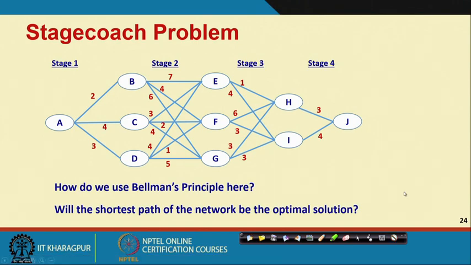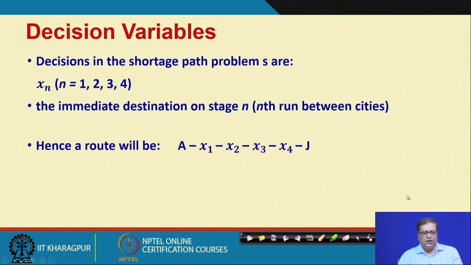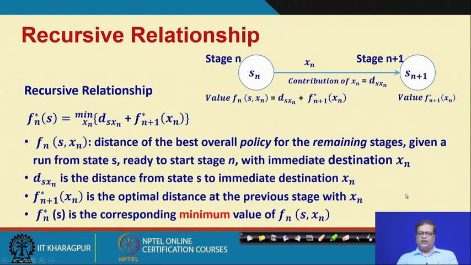So, having said that, let us see how we can move further. Exactly the same thing is written here in a slightly different language. If we have the optimal decision f star n plus 1, suppose n equal to 3, that means we want to find out the optimal decision f n star s, then it makes use of the optimal decision at the next higher stage, n plus 1.